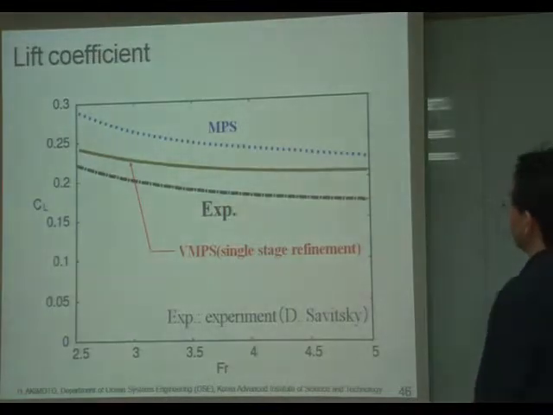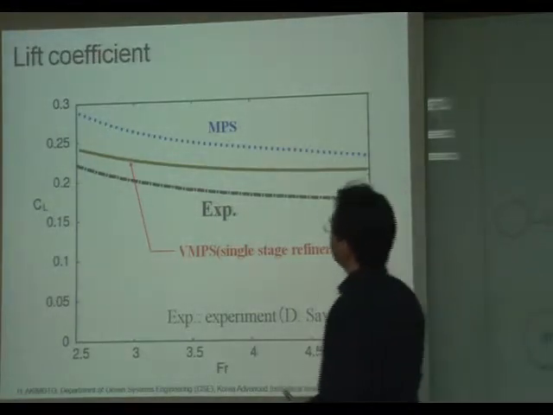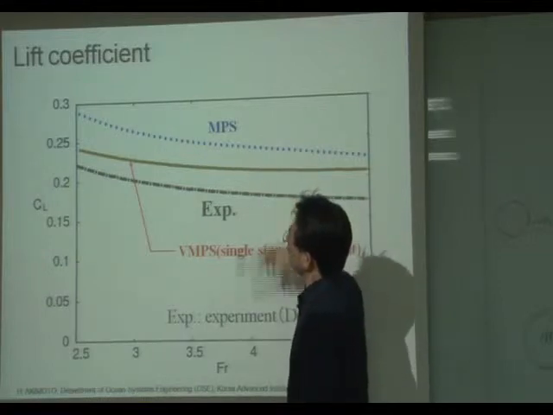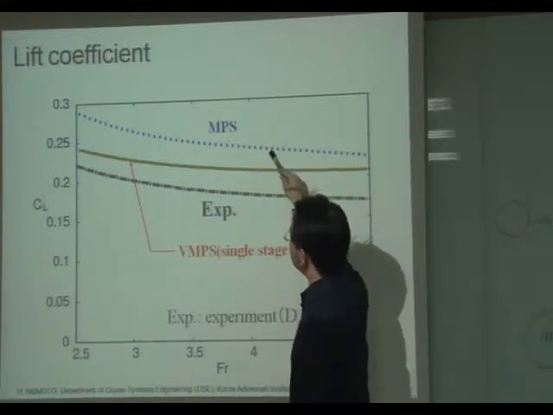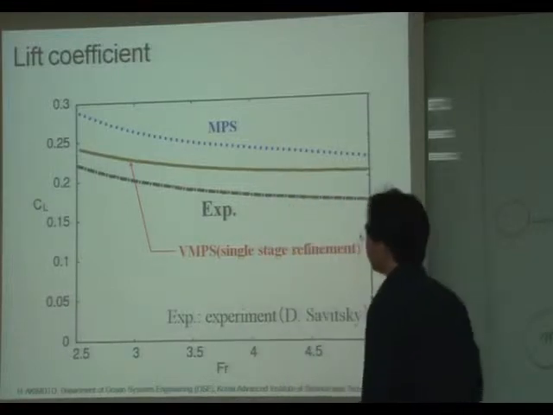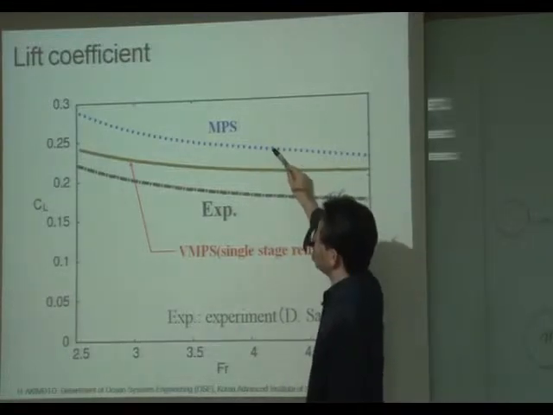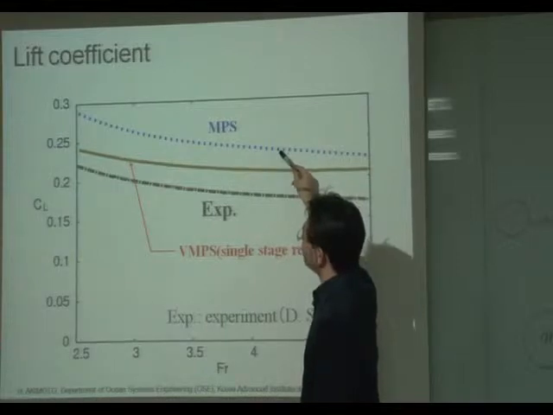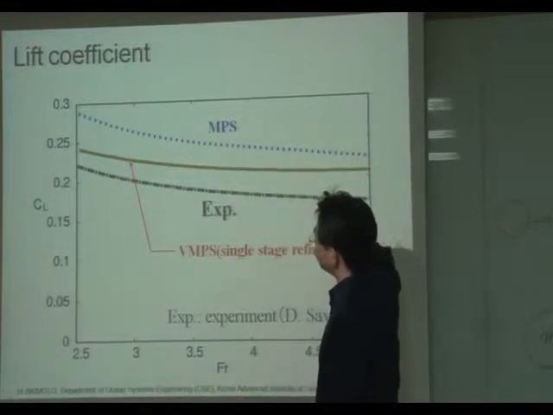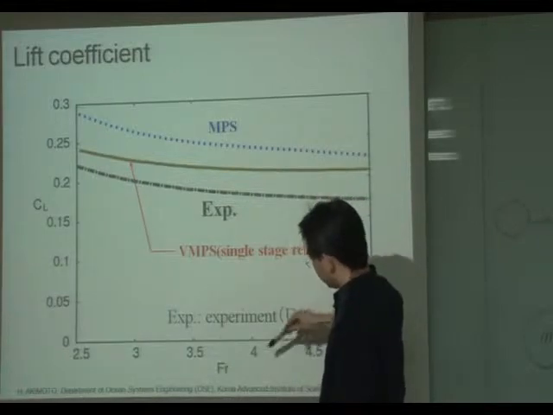The checking of this simulation can be done by the comparison of lift coefficient. This is the original, from the MPS method in the original resolution, and this is the experimental result of lift coefficient.